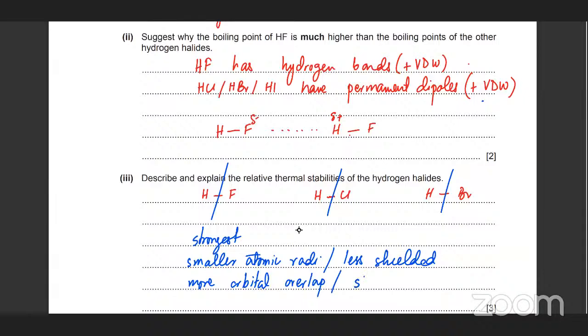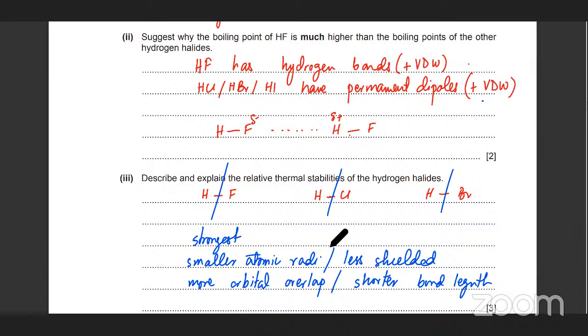And there's going to be a shorter bond length because they would be close together. Orbital overlap over here indicates that because they're smaller atoms, they're going to attract each other's electrons very, very strongly, which is why the bond is going to be very, very strong.